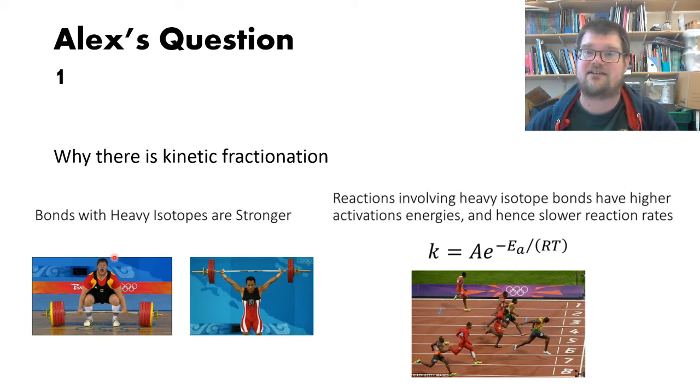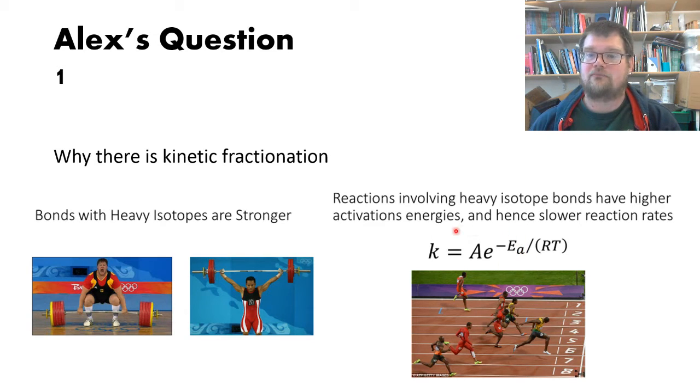It was about the kinetic effects, and the principal kinetic effect is that if you have different strength bonds caused by having different isotopes in your molecules, then those different bonds will have different activation energies to break. Which means that reactions involving those bonds will happen at different rates. So this is the Arrhenius equation, and the activation energy here is dependent on bond strength.